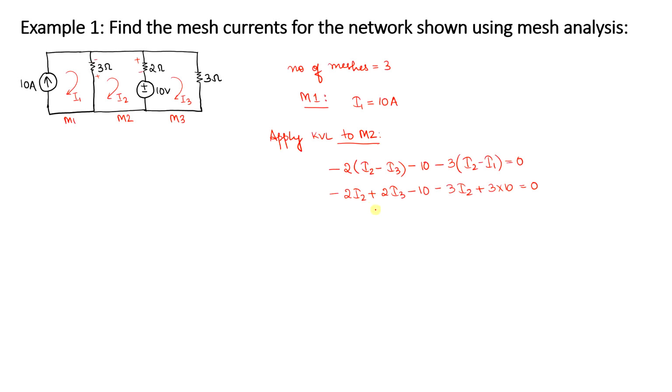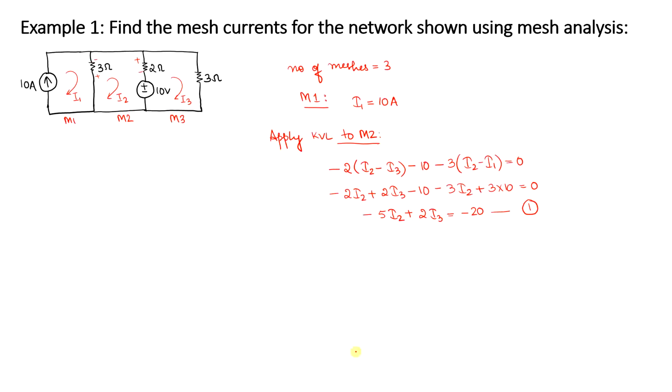So I can write this equation as minus 5 times I2 plus 2 times I3 plus 20. Plus 20, when you bring it to the right hand side, becomes minus 20. So this would be your first equation.